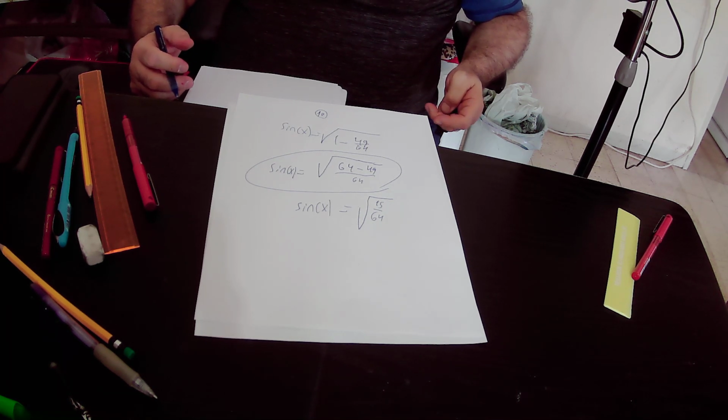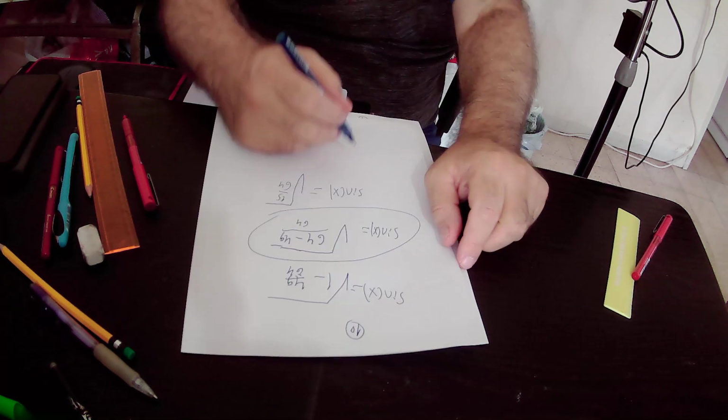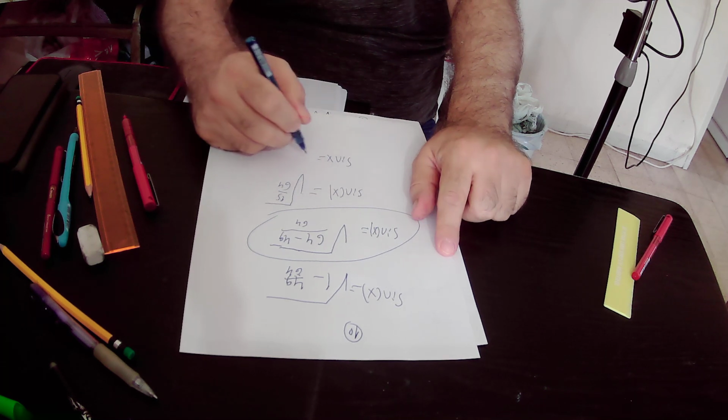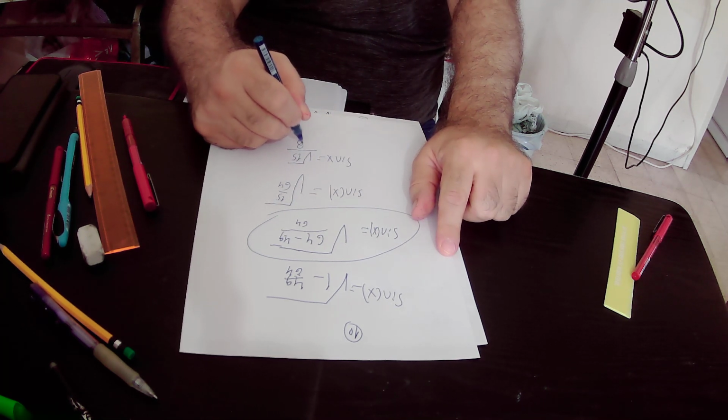Root of 64 is 8, so in total we got that sine x equals root 15 over 8.